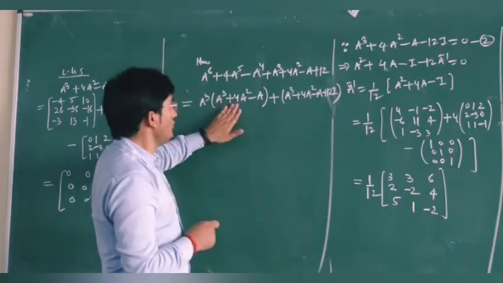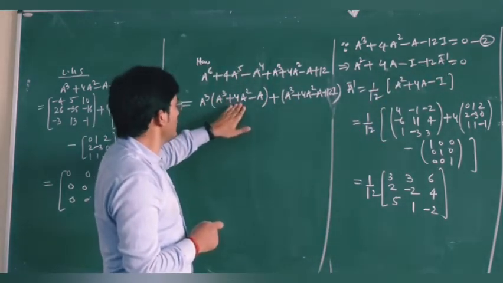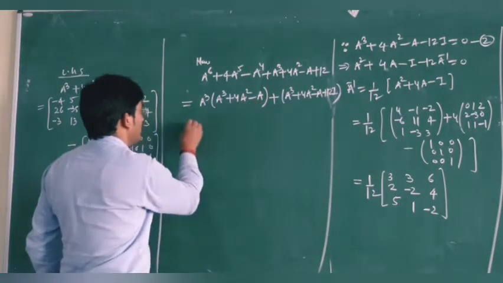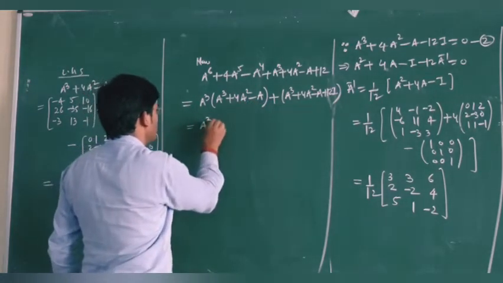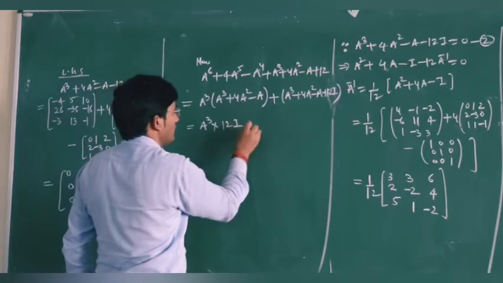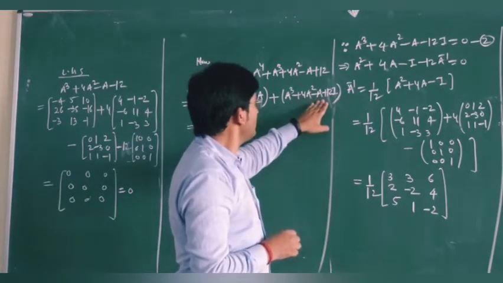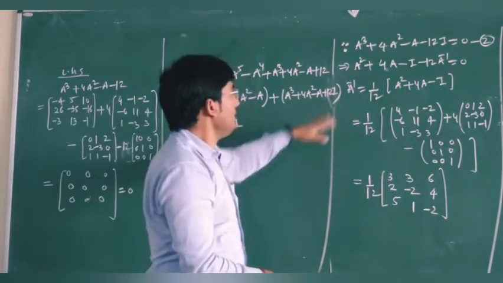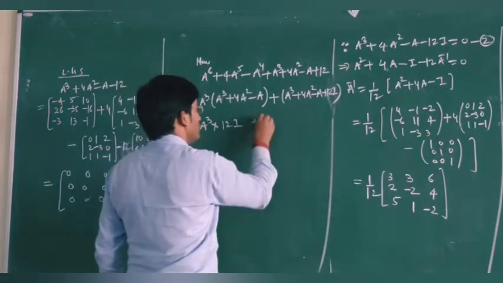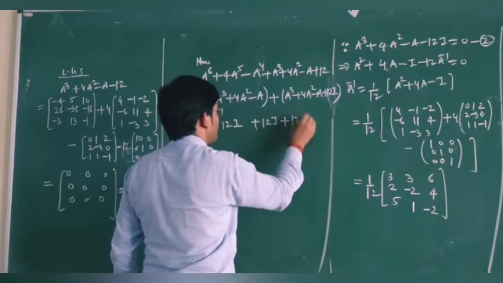So from 2, the value of a^3 plus 4a^2 minus a is equal to 12I. So this is your a^3 into 12I. Then again the value of a^3 plus 4a^2 minus a is again your 12I. So this will be your 12I plus 12I.